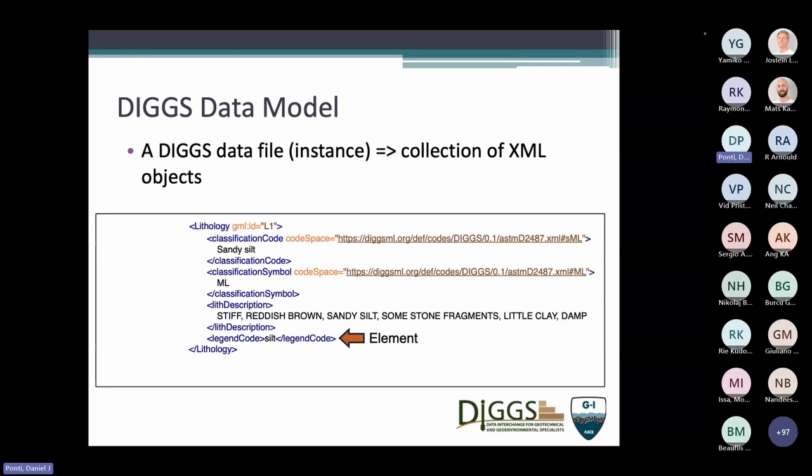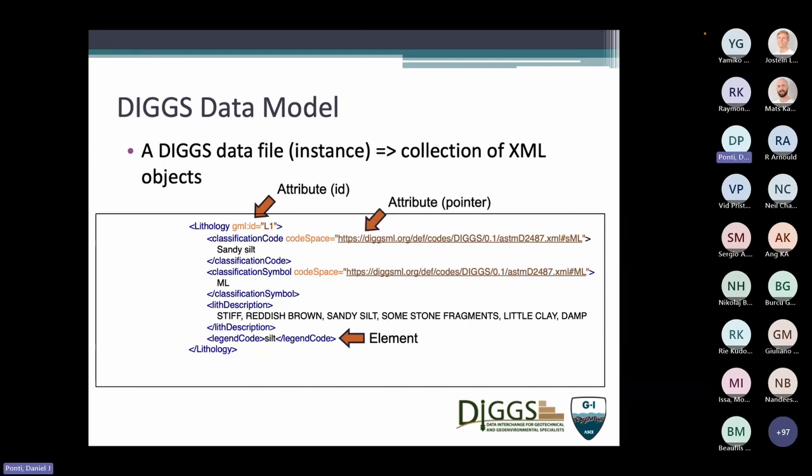You can also have data within the tag. We call those attributes. There's no real rule in XML as to what data goes into the element and what data goes into the attributes. We use it primarily for metadata about the data. In this case, this attribute defines an identifier for a particular XML element.